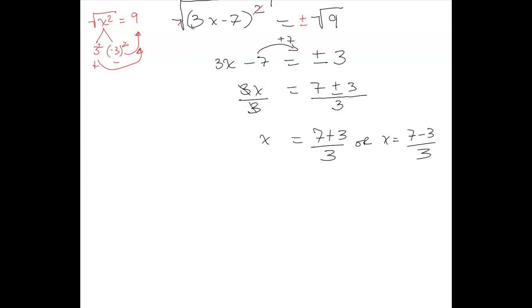And the first one is going to be 10 over 3, so x equal to 10 over 3. And the second one is going to be x is equal to 7 minus 3 is 4, 4 over 3. That's it. Those are my solutions: 10 over 3 and 4 over 3.